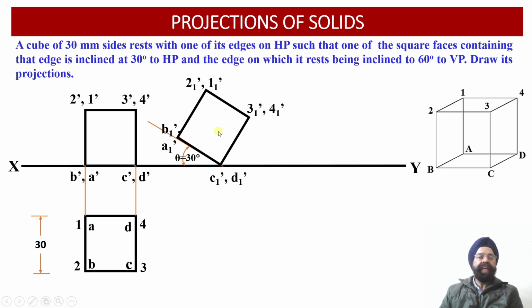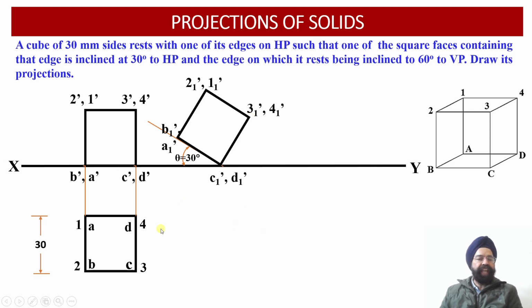Now, having obtained the front view projections of this inclined cube, we are required to obtain the corresponding top view projections corresponding to these 8 points. So the 4 points A1 dash, B1 dash, C1 dash and D1 dash corresponding to the base are available, and the 4 points 1 dash, 2 dash, 3 dash and 4 dash corresponding to the top face of the solid are also available.